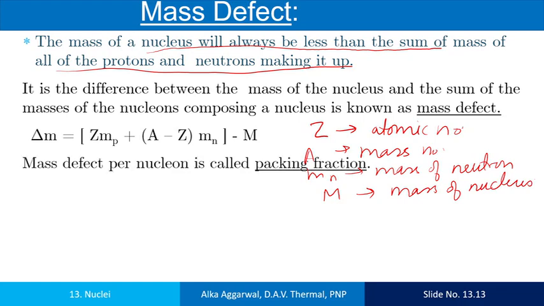Mass defect per nucleon is called packing fraction. That is, if we divide it by A, then it is called packing fraction.